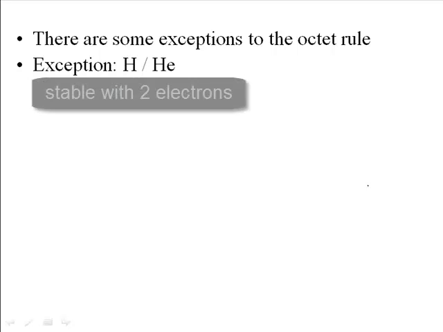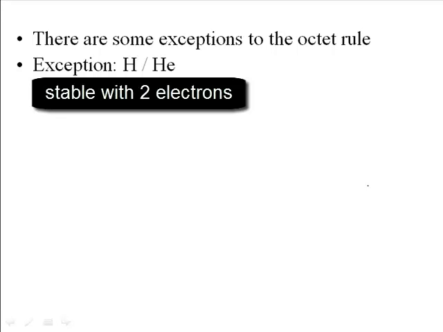The most notable exception, and the one that we've already seen repeatedly, is hydrogen and helium. Hydrogen and helium, because their first shell only contains an s subshell, are completely stable when they have access to 2 electrons. So helium has 2 electrons to begin with, and that's why it's as stable as the noble gases and is counted as a noble gas, even though it doesn't have 8 valence electrons.